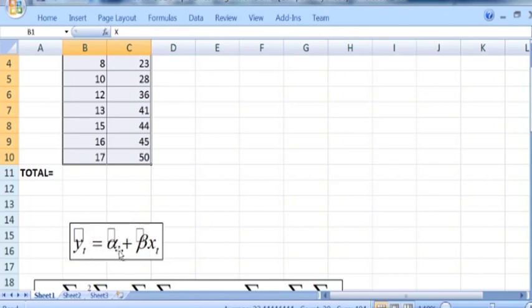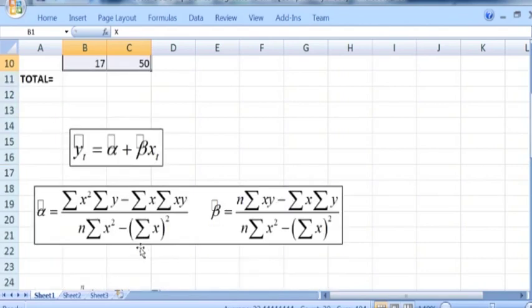So in this equation, alpha hat and beta hat are the estimated values of parameters, and these are estimated by using method of ordinary least square. So in previous lecture we derived the values of alpha hat and beta hat. Alpha hat is equal to summation x square into summation y minus summation x times summation xy, whole over n summation x square minus summation x whole square.